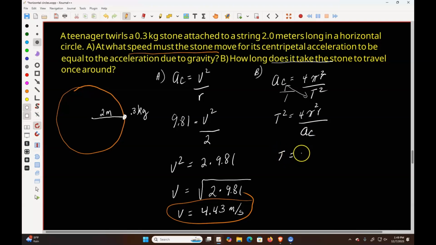So T is going to equal the square root of 4 pi squared r over a sub c. So the period is going to be equal to 4 pi squared times 2 divided by 9.81.